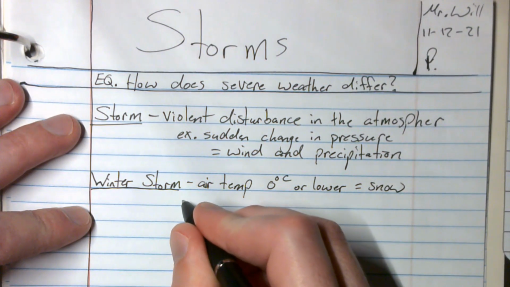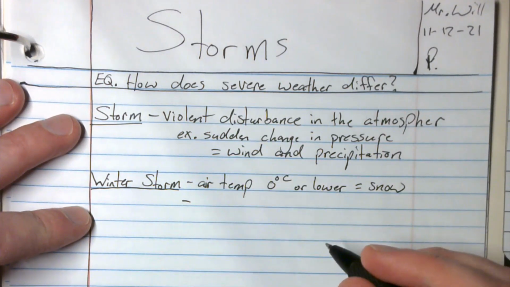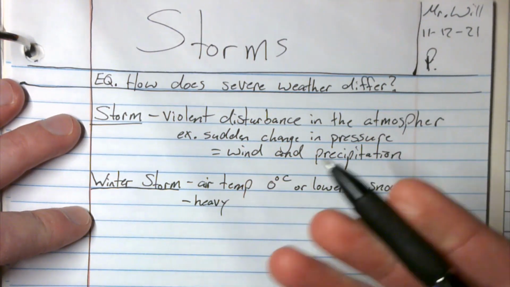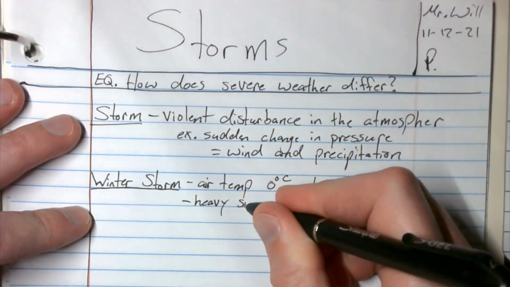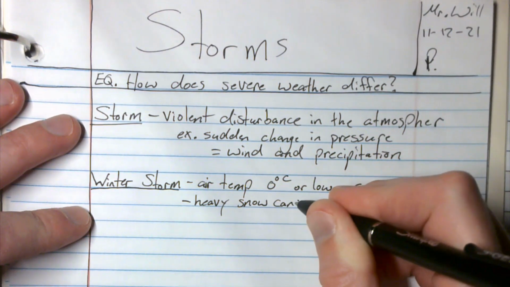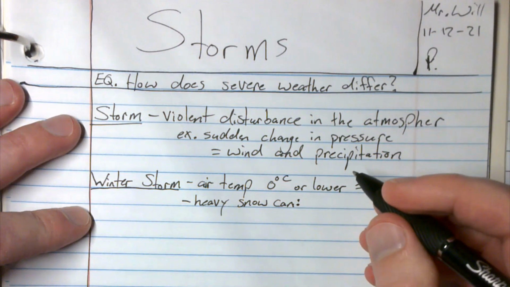And some things about winter storms that cause them to be severe. The heavy snow, or even just a ton of snow. So heavy snow can, and this is like a list of things.